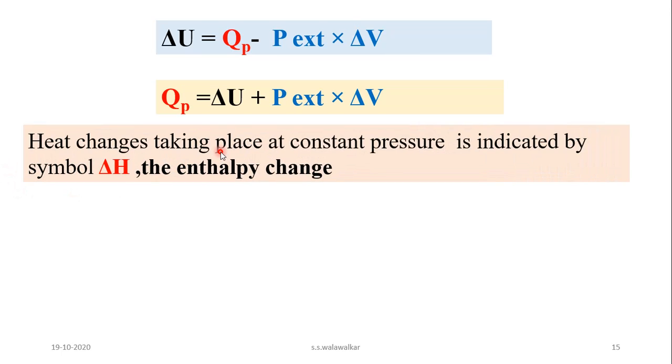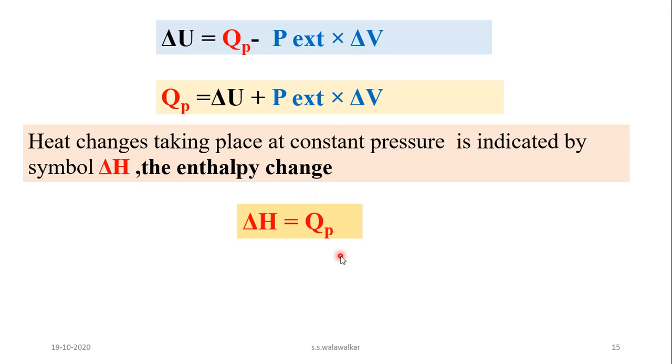So heat changes taking place at constant pressure are generally indicated by the symbol delta H. Delta H means enthalpy change, and therefore delta H is equal to QP, that is heat supplied at constant pressure.